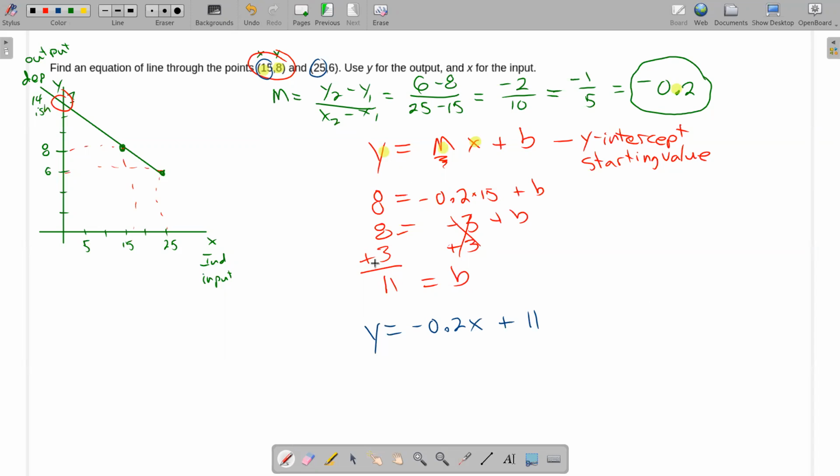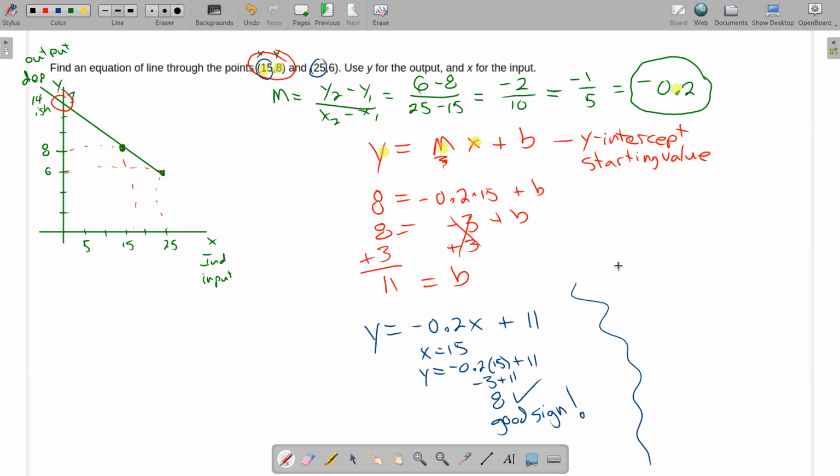Let's check them both. What happens if I plug in 15 here? If I plug in x equals 15, then I get y equals negative 0.2 times 15 plus 11. We already calculated that negative 0.2 times 15 is negative 3. 11 minus 3 is 8, which is what I wanted it to be. Okay, that's a good sign.